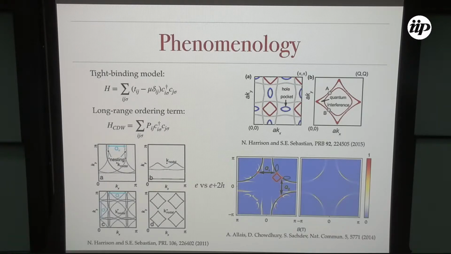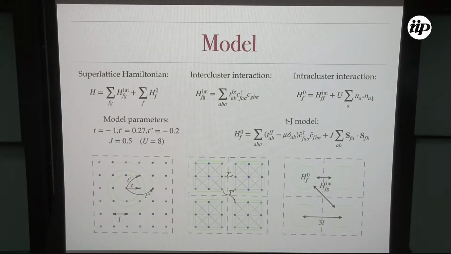At this moment, there are two opinions about the presence of hole pockets in the Fermi-surface. To be honest, we can't say whether they exist or not. It's an open question. Our model is also based on the tight binding model, but we do not include any long-range ordering term by hand.